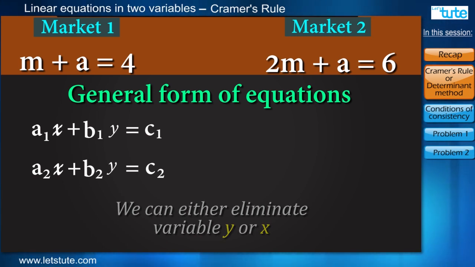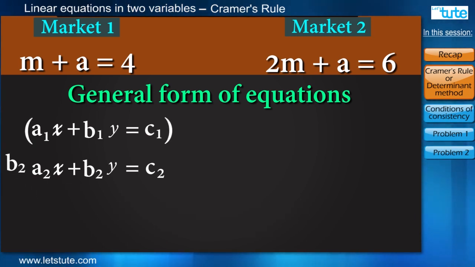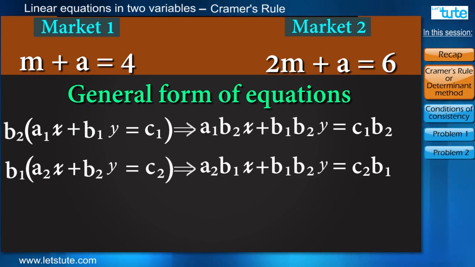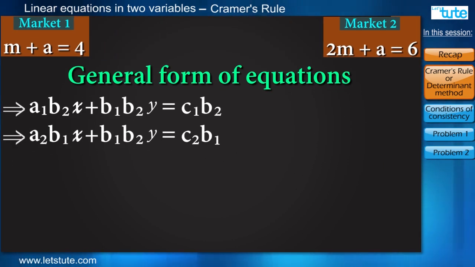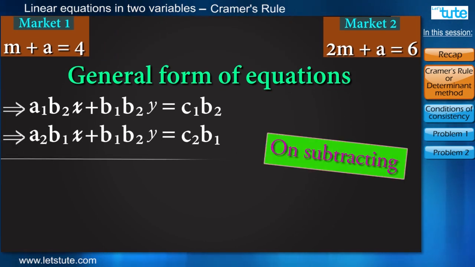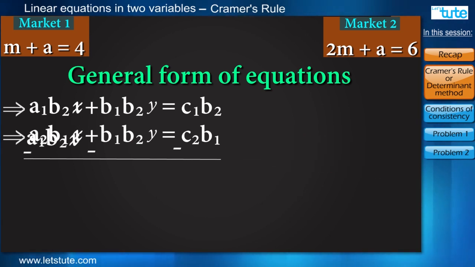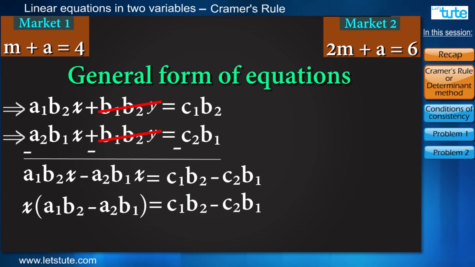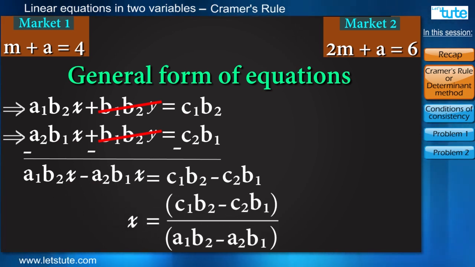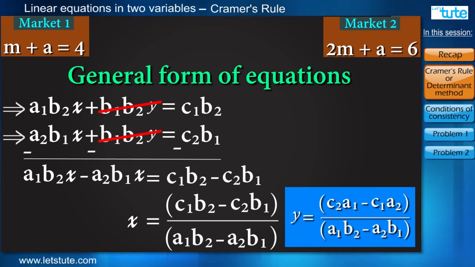For example, if we multiply the first equation by b2 and the second equation by b1, we will get... Now when we subtract the second equation from the first, we get... And similarly, we can get the value of y.